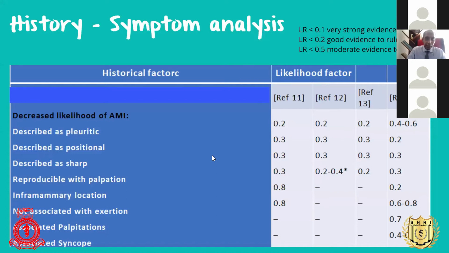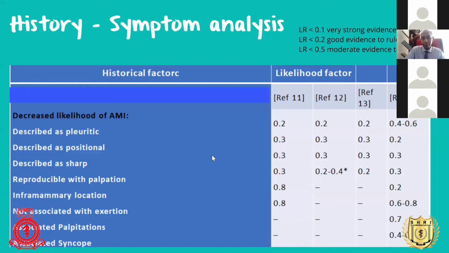But again, none of these features can exclusively rule out acute coronary syndrome. Even though a patient presents with pleuritic pain, the likeliness of acute myocardial infarction is less.